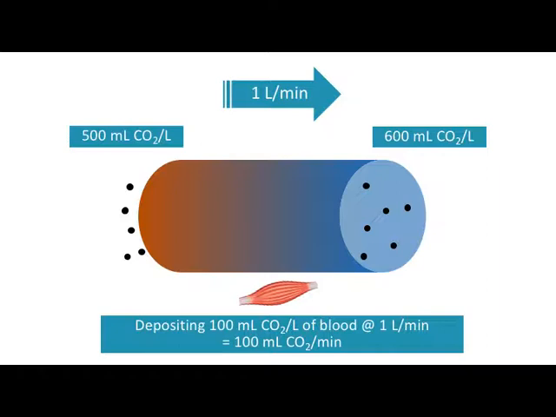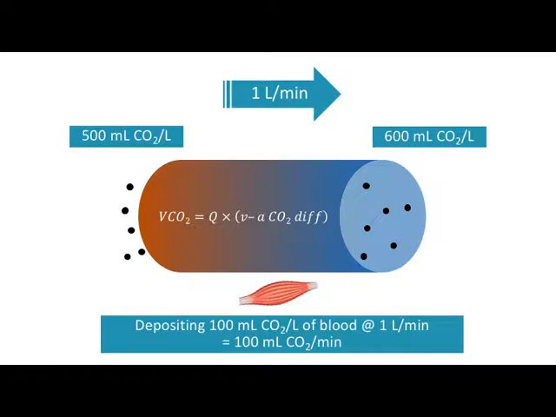It should be familiar. It should seem like we're in the twilight zone, talking about the same exact things. We are simply tailoring the Fick equation to CO2, whereas before, our focus was oxygen.